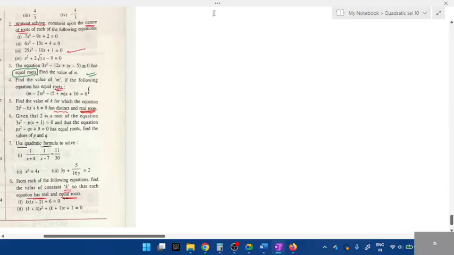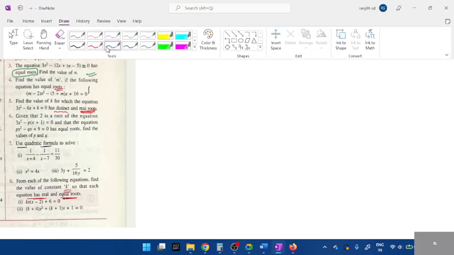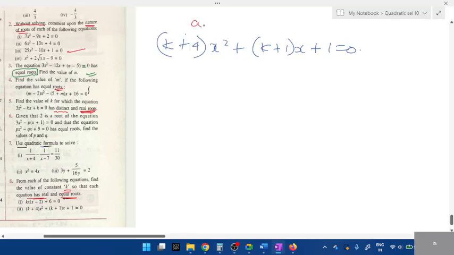Look at the next one. X square plus k plus 1 x plus 1 is equal to 0. You don't have to open the bracket, because if you observe this, can you see, isn't it in the form of ax square plus bx plus c is equal to 0? And whenever equal root is given, what's the formula we use?